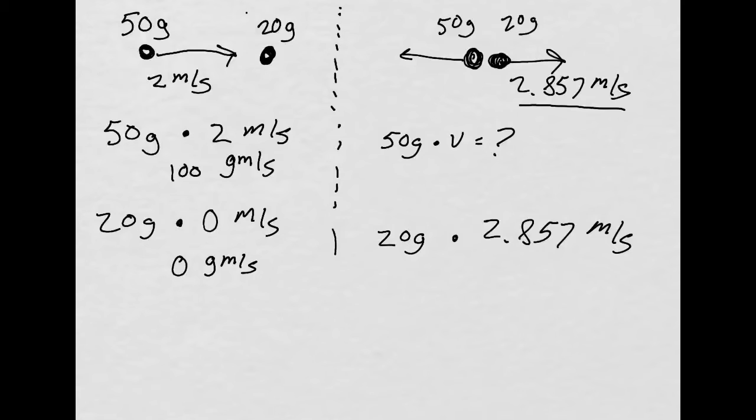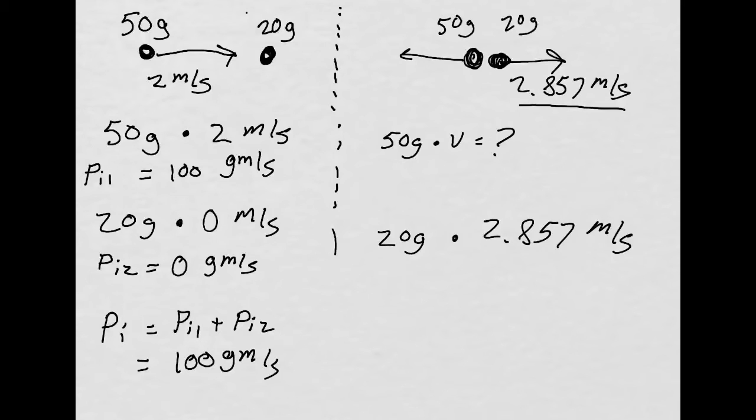So, the total initial momentum is P initial 1 plus P initial 2, which is equal to 100 gram meters per second. So our initial momentum is a known value.